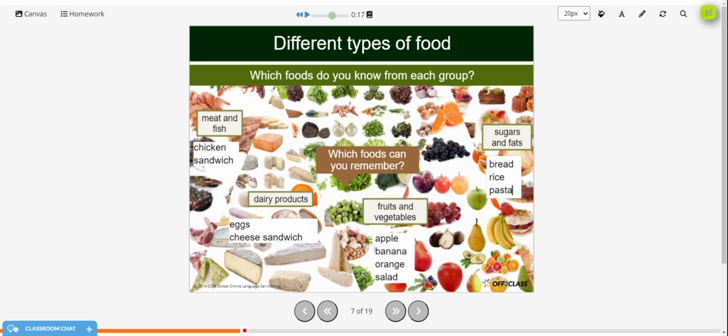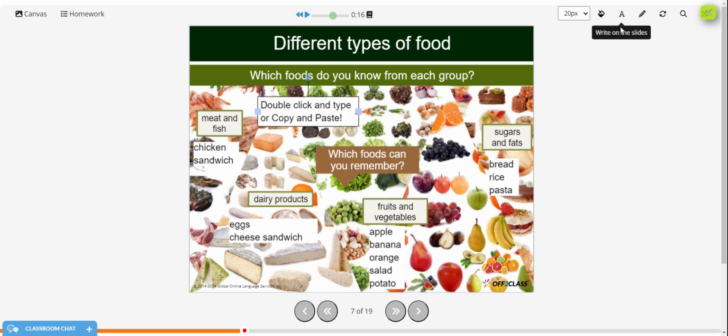Potato. Potato would be a vegetable. Broccoli. Broccoli would also be another vegetable.